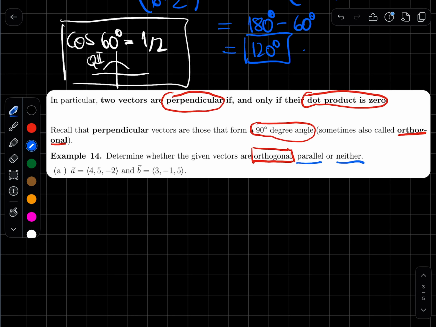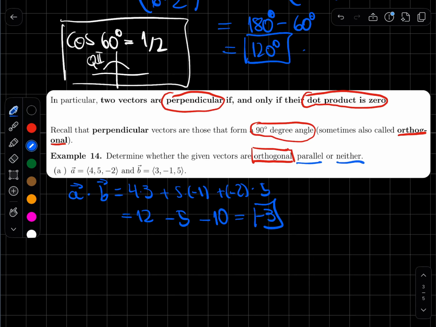So first attempt here is to do the dot product of a and b. So that will be 4 times 3 plus 5 times -1 plus -2 times 5. So that's 12 minus 5 minus 10. So that would be -3. Because this is not 0, I can immediately say they're not orthogonal, not perpendicular. The angle is not 90 degrees, okay?